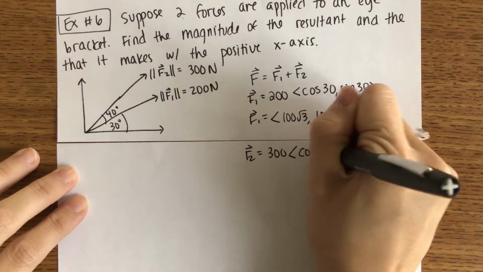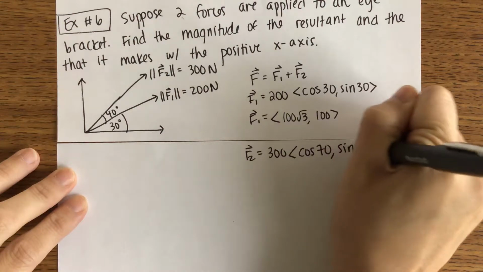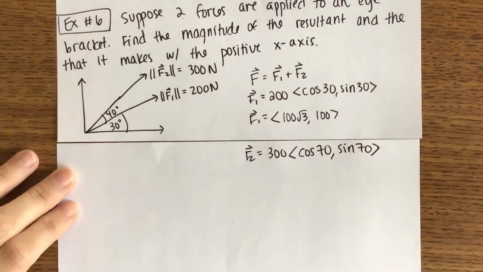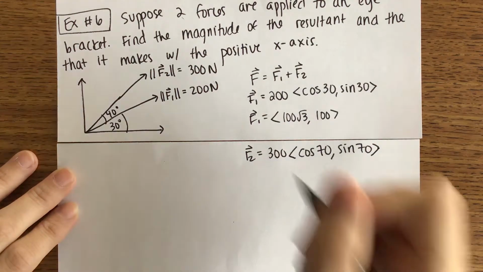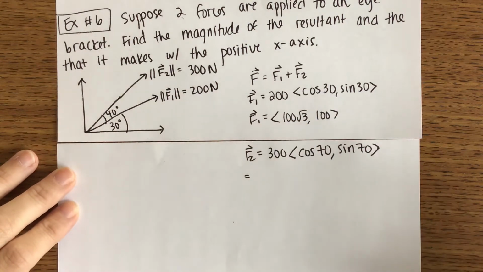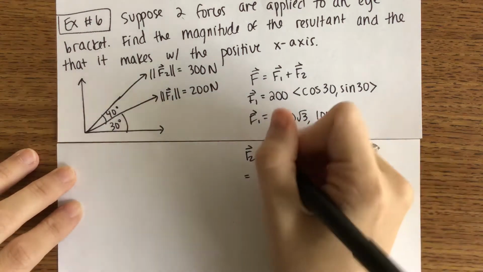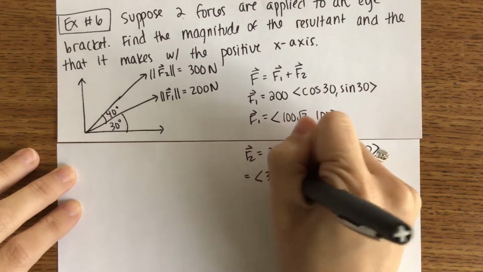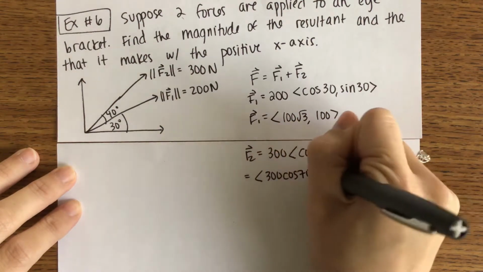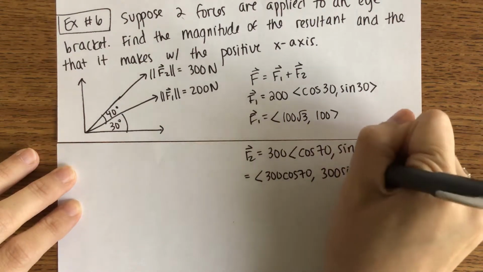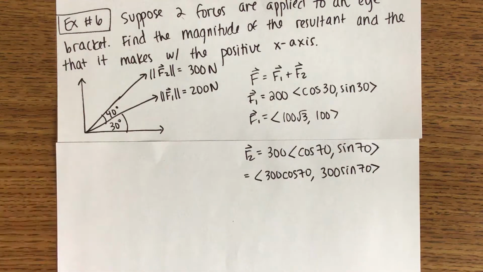This time we have cosine of 70, sine of 70. Please do not round until the very end. So we're just going to leave this as 300 cosine of 70, comma 300 sine of 70. So then, let's say F2.